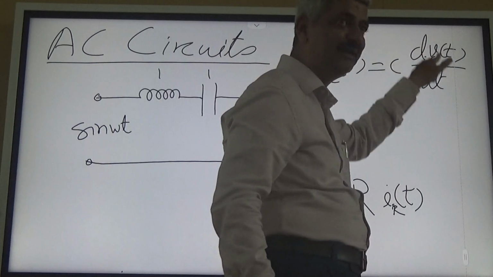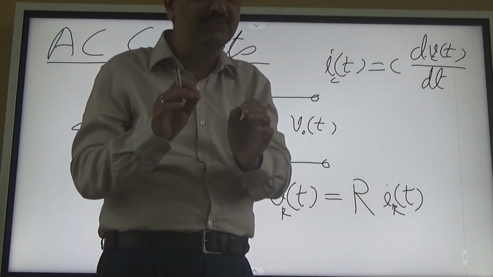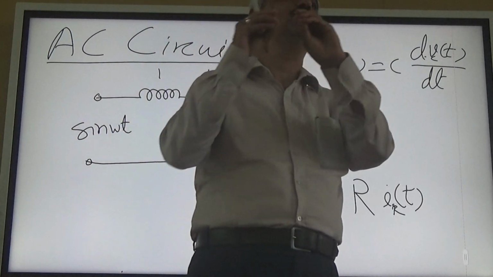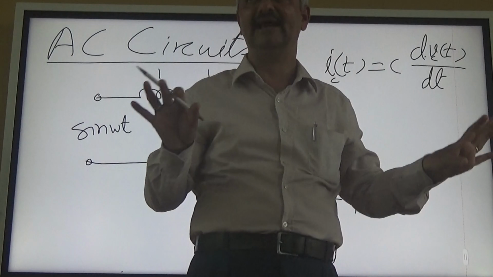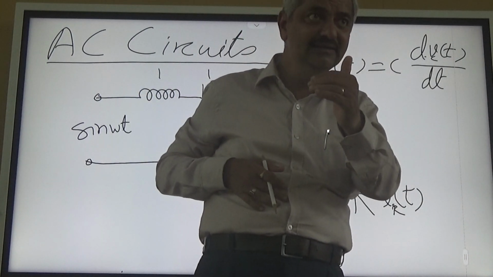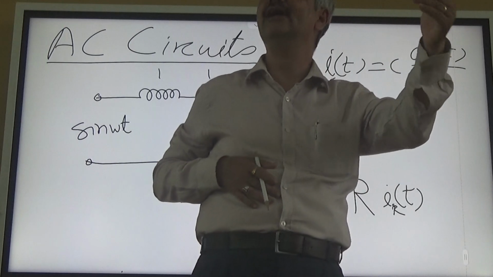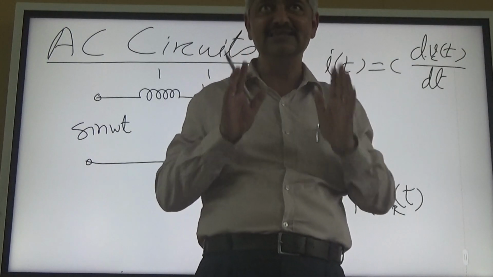the d by dt operator. Sinusoidal signal means what? Voltage is of the type a cos(omega t plus phi), or b sin omega t plus b cos omega t plus a sin omega t. Is it right? What is a sinusoidal signal?